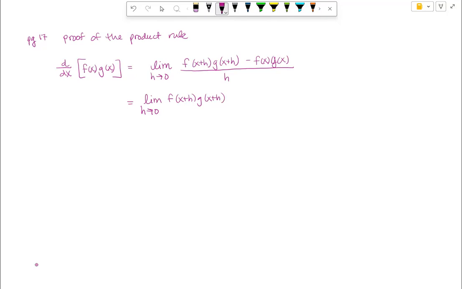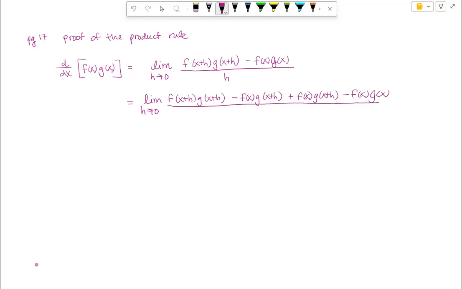So I'm going to put two additional terms in the middle, one is added, one is subtracted. So I'm going to subtract from this f of x times g of x plus h. And then I'm also going to add f of x times g of x plus h. And then I'm back to my minus f of x times g of x from my numerator.